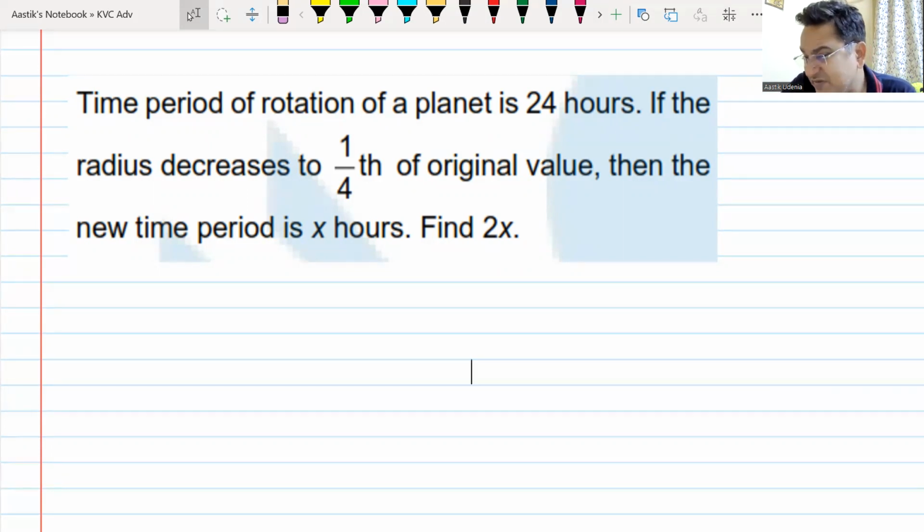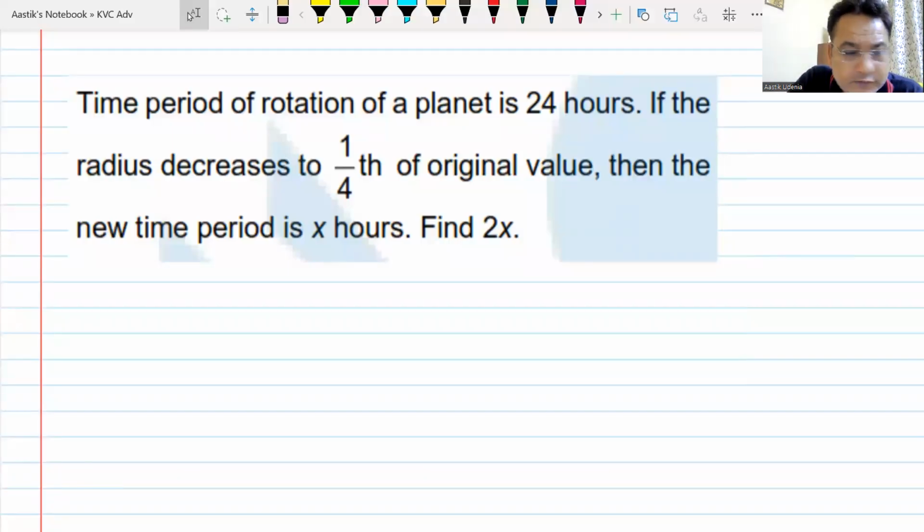The radius, when I say the radius, it is the radius of the planet. It's rotating like this. The radius of the planet is decreasing. This planet is not moving around a star, remember that. So the planet rotating, its radius becomes 1 by 4.